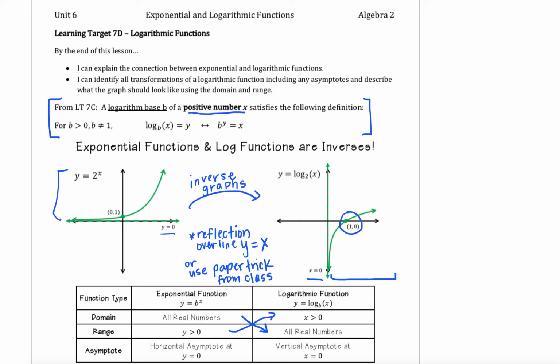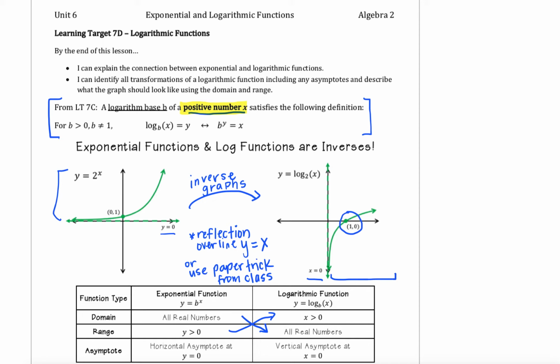At the beginning, we said that the logarithm base b of a positive number x satisfies the following definition. The reason that has to be a positive number x is because the domain of a log function is strictly positive values. Notice we have no equals to bar here because we can't actually touch or cross that vertical asymptote on our graph. So our domain is strictly x is greater than 0.